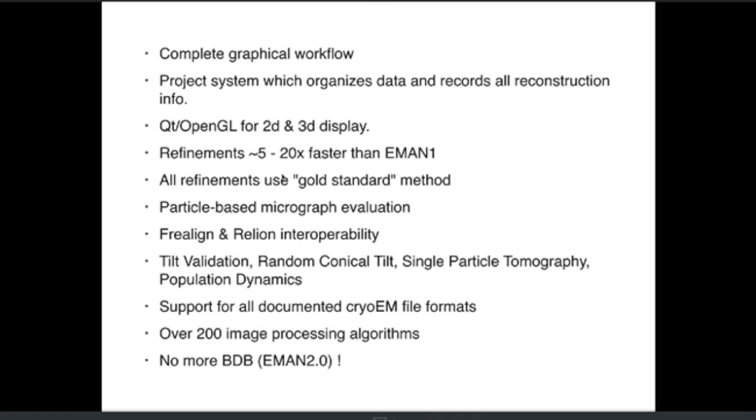Something that's come out in the field recently is a stronger need for validation. So one aspect of this validation is using a so-called gold standard approach for determining resolutions of maps. It used to be back in the last decade that when structures were determined, the methods that were used to assess resolution varied pretty considerably from one software package to another, even though they produced curves which looked like they were directly comparable with one another.